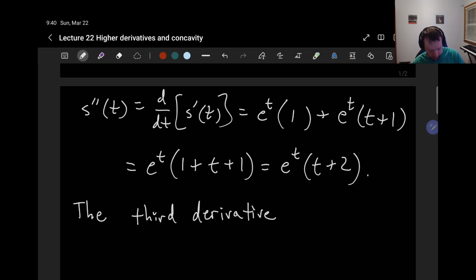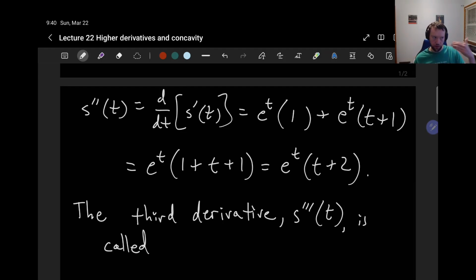So the third derivative, which we call s triple prime of t, right? 3 primes, the third derivative. So for this particular type of problem, where your original function s is position, we call the third derivative jerk.